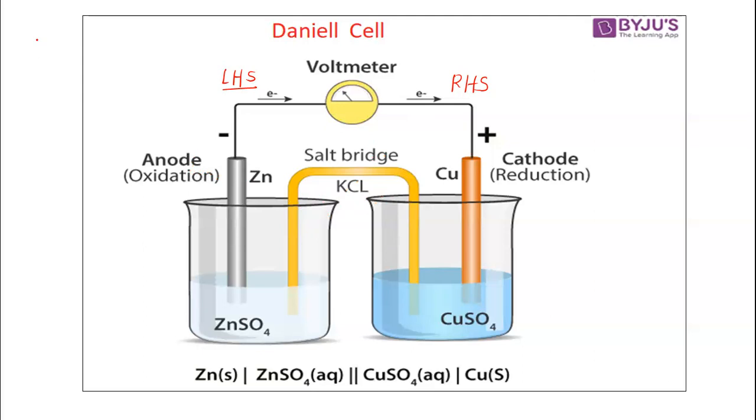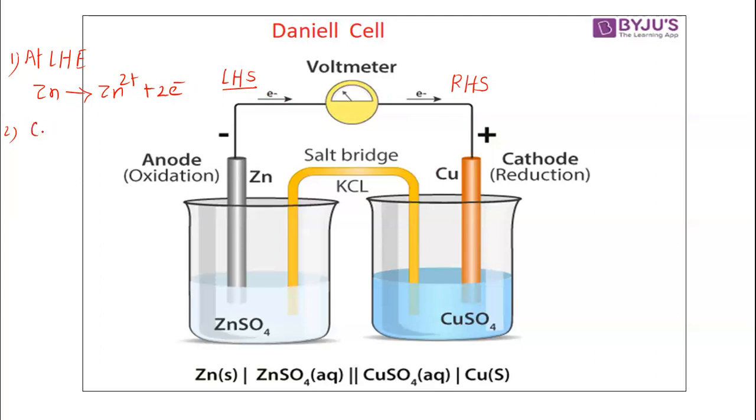So we can write the electrode reaction of the zinc electrode at the LHE, the left hand side electrode. At the LHE, oxidation takes place: zinc metal gives zinc dipositive ions and 2 electrons. At the RHE, these electrons move from LHS to RHS and come into the copper sulfate solution through the copper electrode.